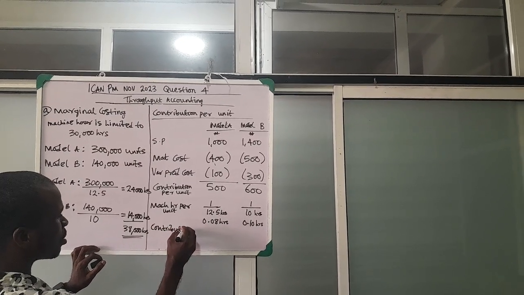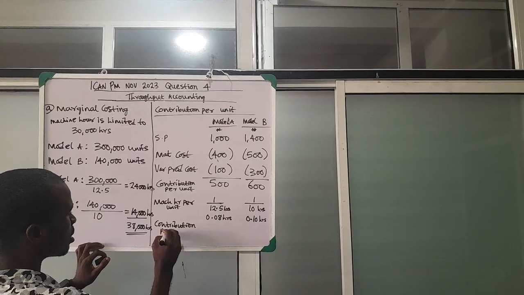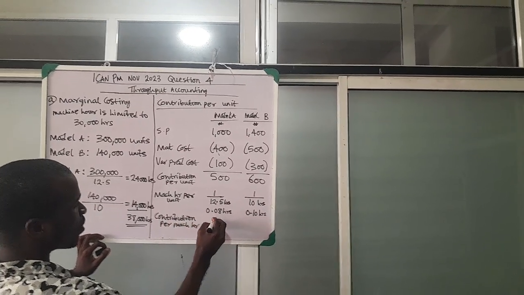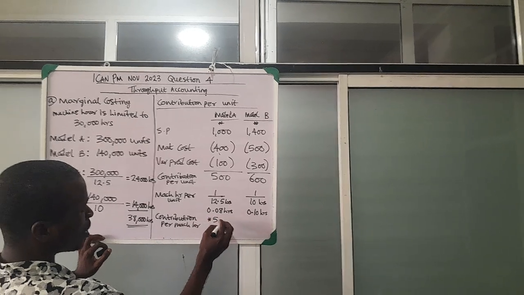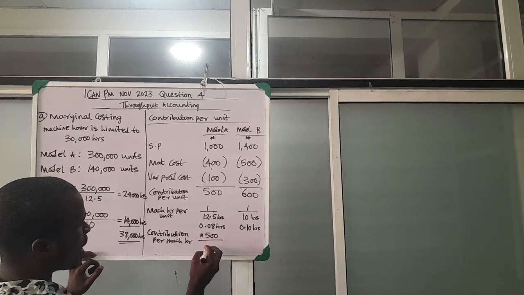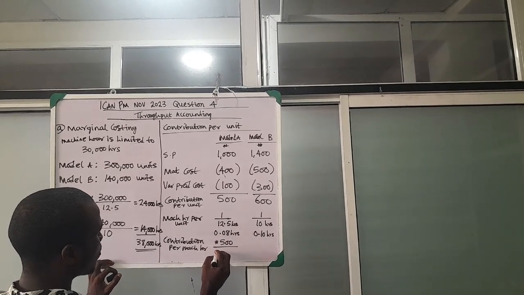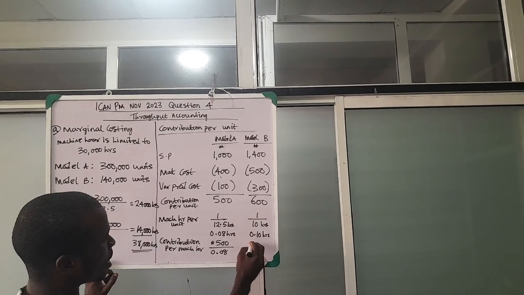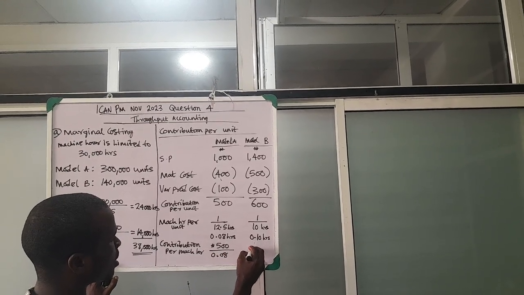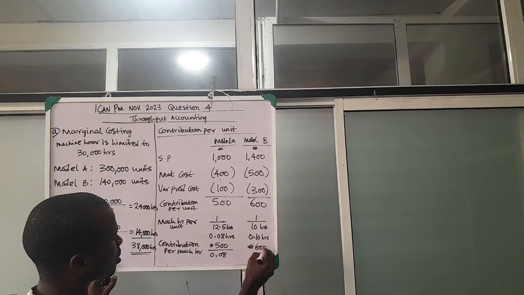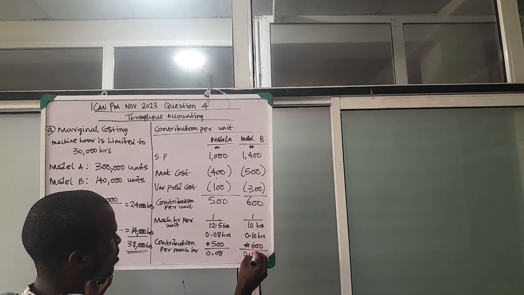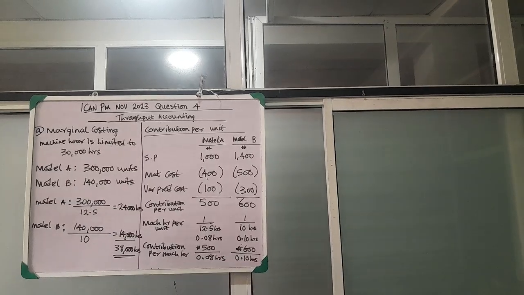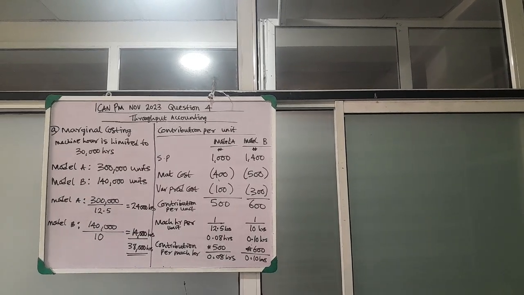I have 500, which is the contribution here, divided by the machine hour per unit, which is 0.08. The same thing goes here. I have 600 divided by 0.10 hours. So that will help to give us our contribution per machine hour.